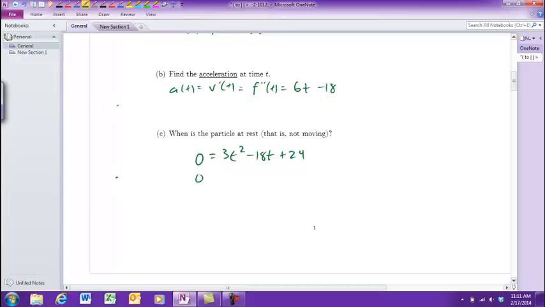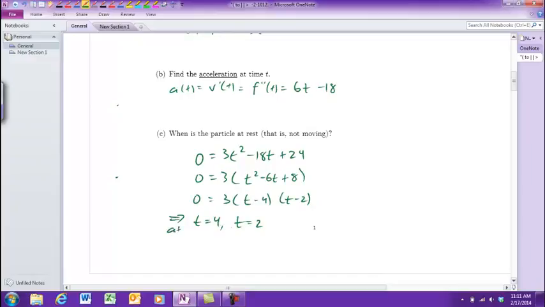I'm going to actually factor a 3 out of this, and I get t squared minus 6t plus 8, and I can factor that as t minus 4, t minus 2. So this will be 0 when t equals 4 and when t equals 2.